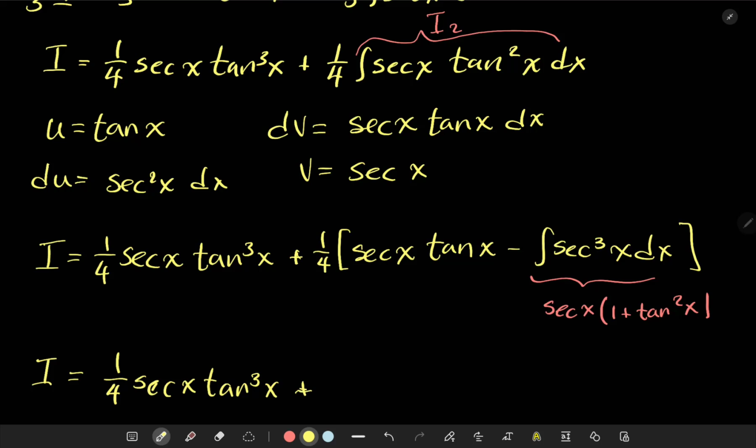And so what I get is 1/4, and then this integral itself that I called I2, so that whole thing is going to be 1/2. So 1/2 times 1/4 is going to be 1/8 of, and I'm going to distribute that 1/8, secant x tangent x. You can see how that term already appeared here.